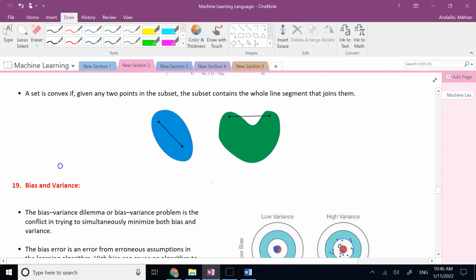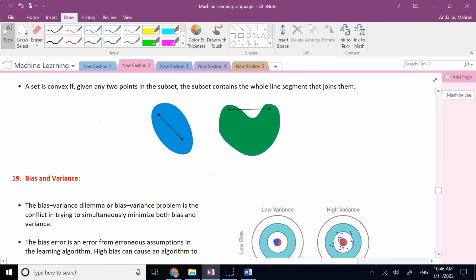Another notion of convexity is for sets, for areas in 2D, 3D, or ND, basically space. We say an area or a set is convex if the line connecting any arbitrary 2 points on it is always inside the set.